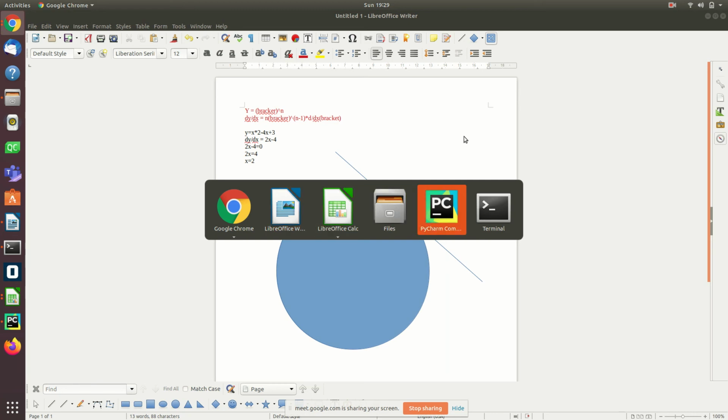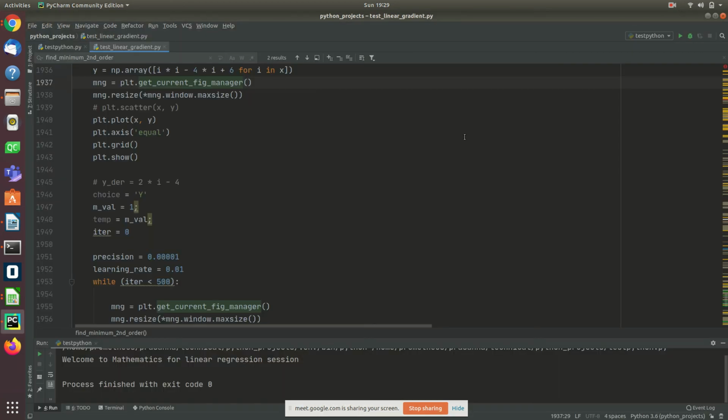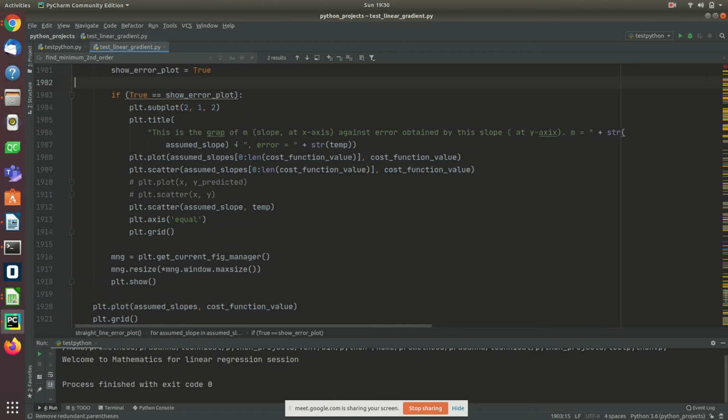When I had only m, the error equation looked like this. Now if I have m and c, what will be the equation of the error? How will the error look? Can anybody tell me how the error looks when I have m and c? When there was only m, I'll draw that one again for you because this is again important.